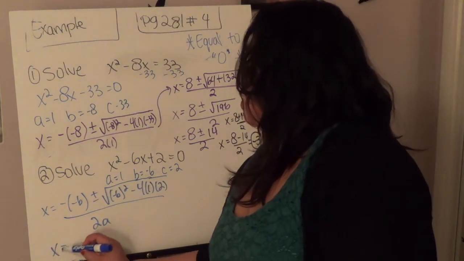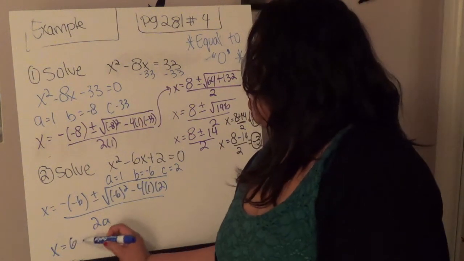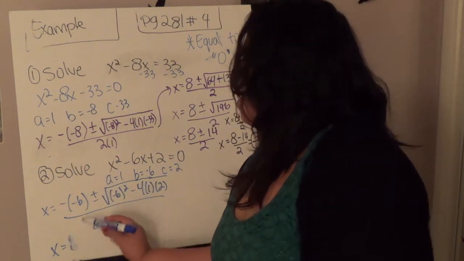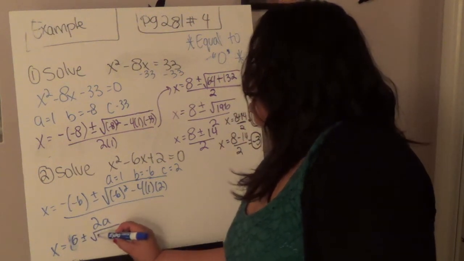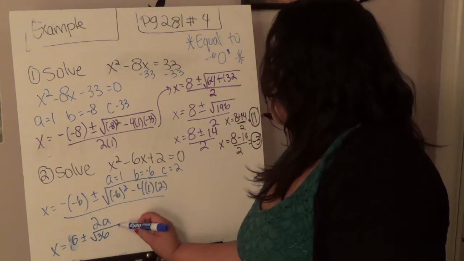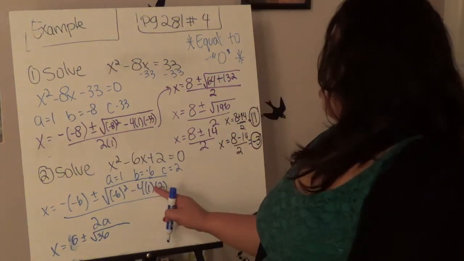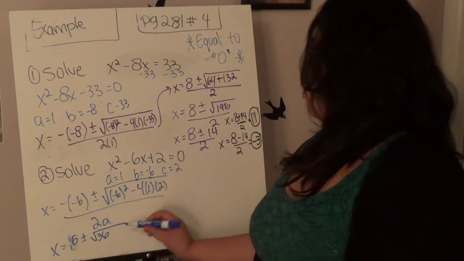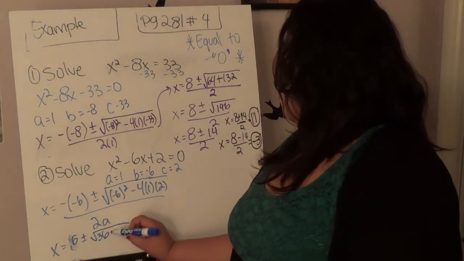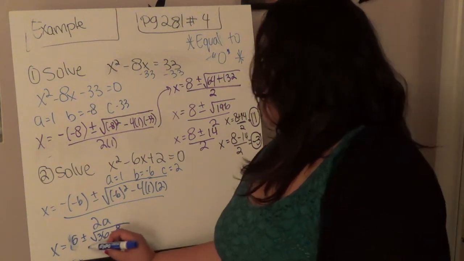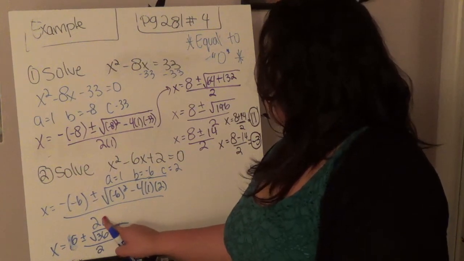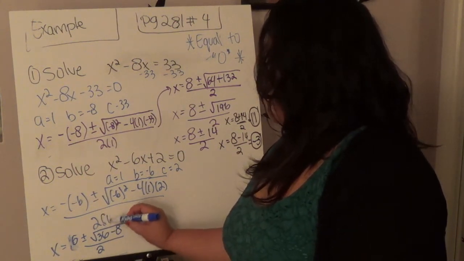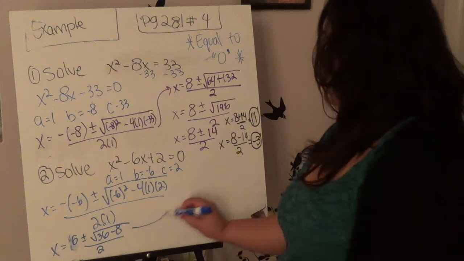Then we have x equals positive 6 plus or minus the square root of 36. 4 times 1 is 4. Negative 4 times 2 is negative 8. All over 2 times 1, which is all over 2.